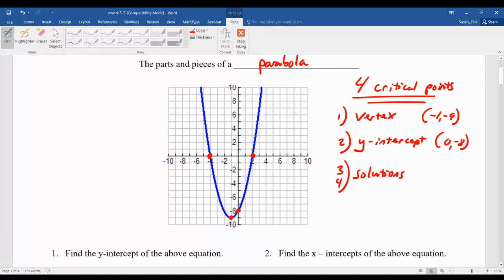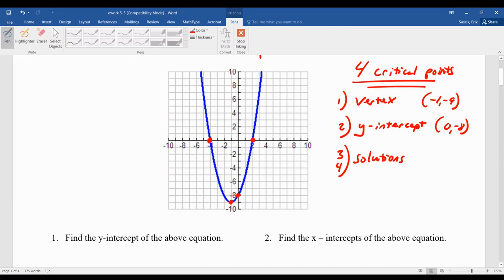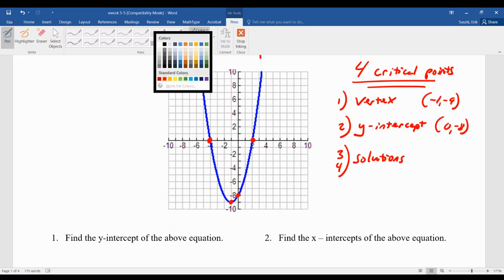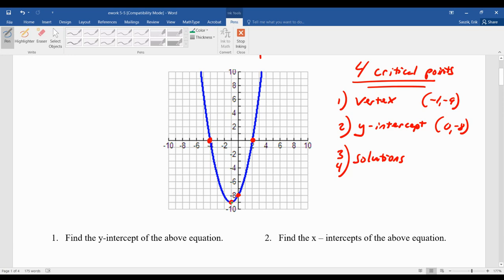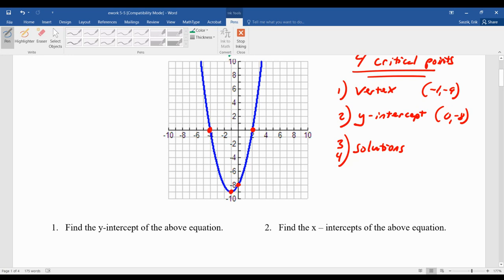Now let's go back and talk about this vertex again for a moment. Okay, so the vertex is where everything changes. When you have a vertex, you can draw a vertical line right down through that vertex, okay?